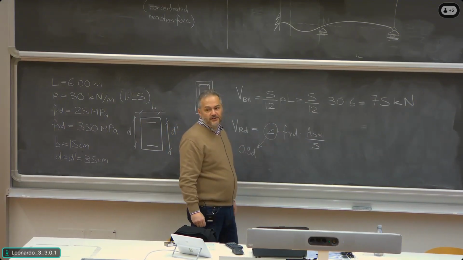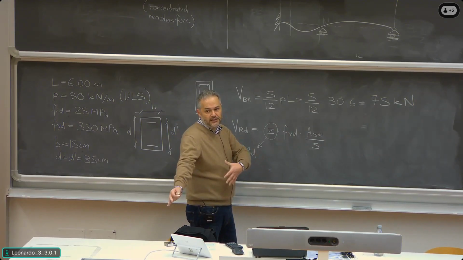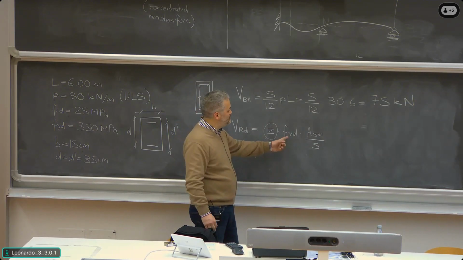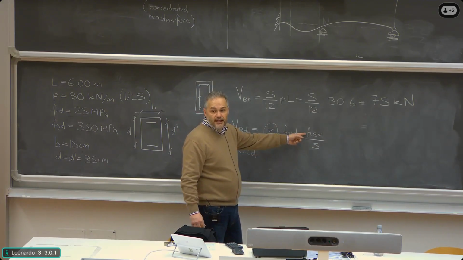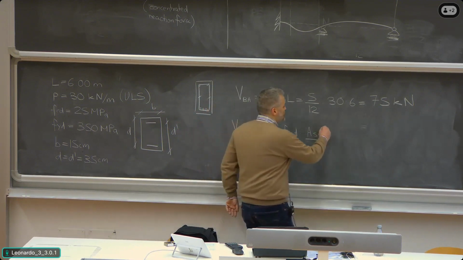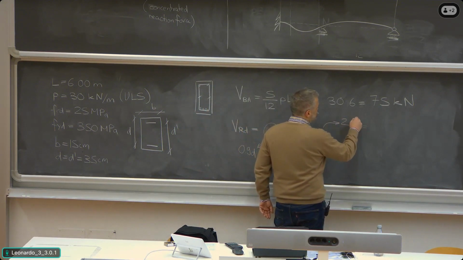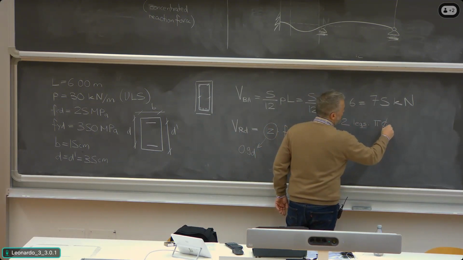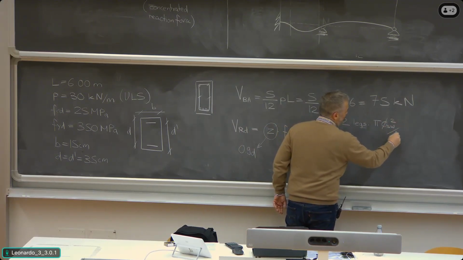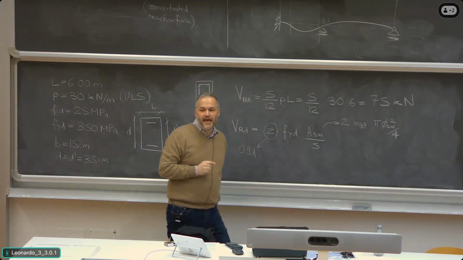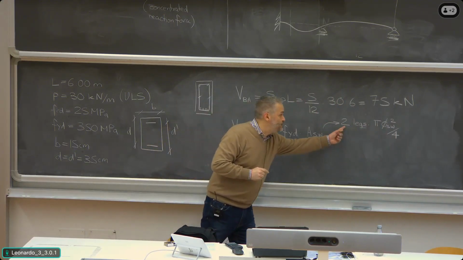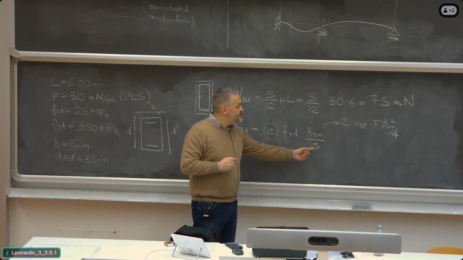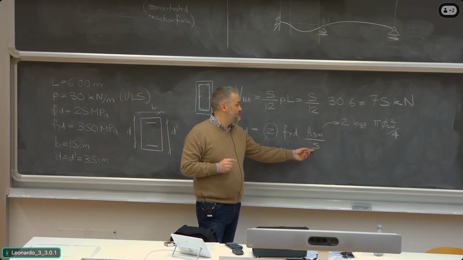FYD is the yield strength of the transverse reinforcement, which in this case is equal to the yield strength of the longitudinal reinforcement. ASW is the total area of the stirrups connecting the top and the bottom chord. So in our case, it's 2 legs multiplied by pi times phi squared divided by 4, so the area of one 8 millimeter rebar multiplied by 2 because we have 2 legs. And S is the spacing which we have to design.